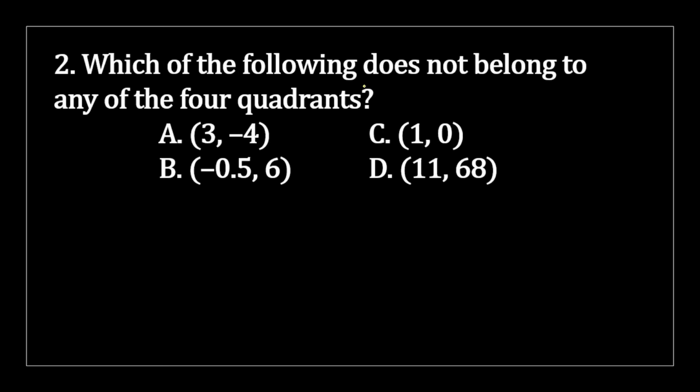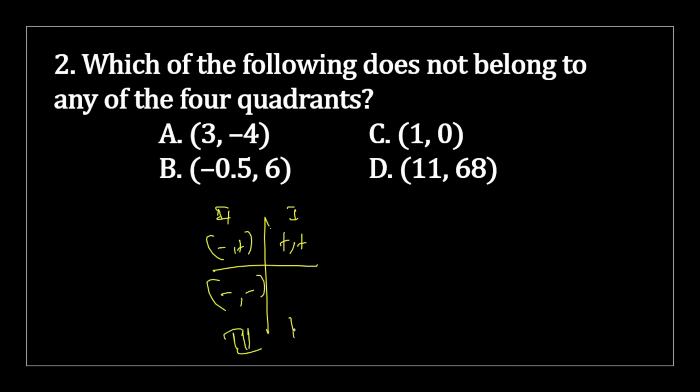Question number 2. Which of the following does not belong to any of the four quadrants? So again, let's recall the quadrants. This is positive, positive, quadrant 1. Quadrant 2 is negative, positive. This is negative, negative. And this is 3. This is 4.